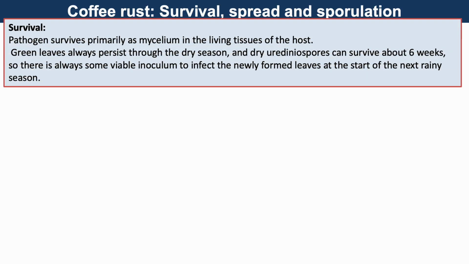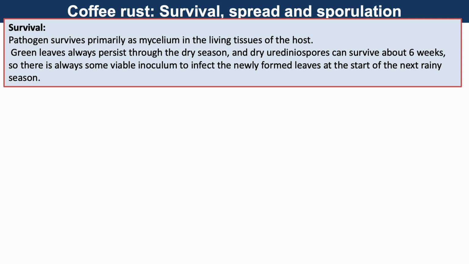Regarding survival, spread and sporulation, the pathogen survives primarily as mycelium in the living tissues of the host, that is, on the infected host. The green leaves of the infected plant always persist through the dry season, and the dry urediniospores can survive about 6 weeks.